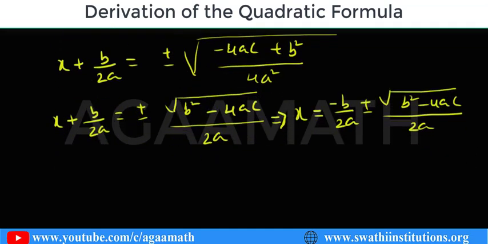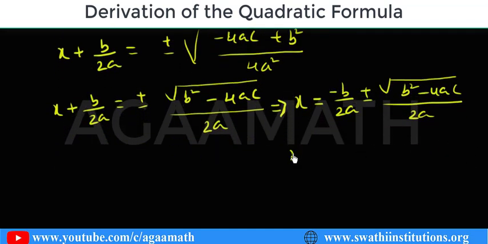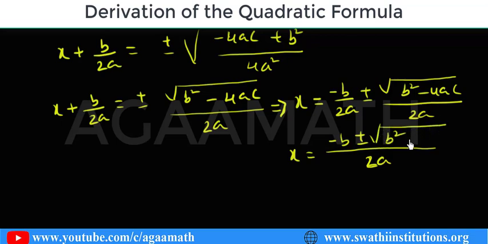As both the denominators are the same, let me write a common denominator, that is 2a, and minus b plus or minus under root b square minus 4ac.